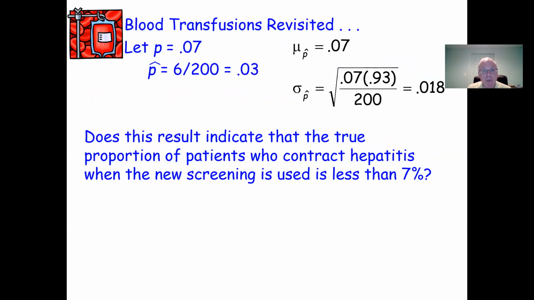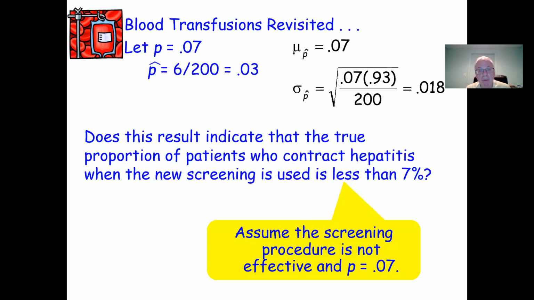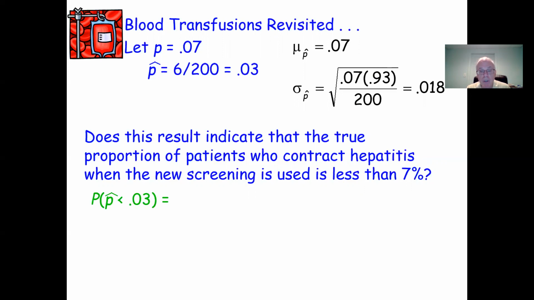Does this result indicate that the true proportion of patients who contract hepatitis when the new screening is used is less than 7%? So, assume the screening procedure is not effective and p is equal to 0.07. What we want to determine, and this is really important to understand in this problem, is if p hat is less than or equal to 0.03.